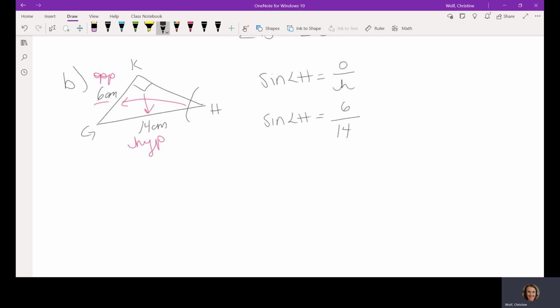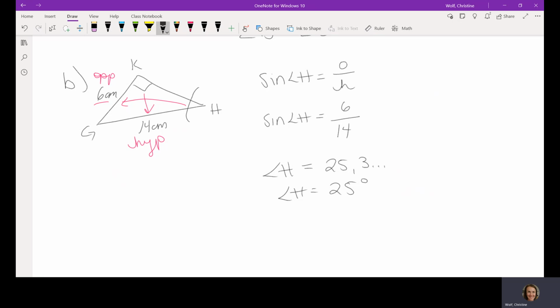You should be going to calculator now. Shift sine 6 divided by 14. The only difference here is you're pressing sine instead of cos. Make sure you're pressing the right button. If you do it properly, you should get 25.3. We're going to round that to the nearest degree, so we would round down because 25 is closer than 26.